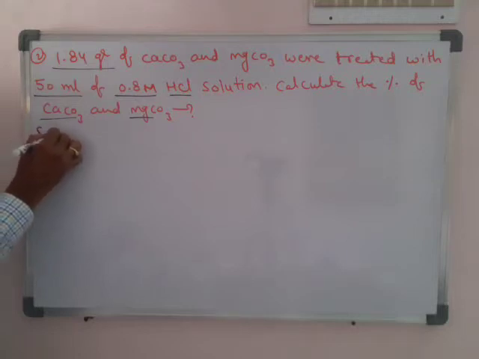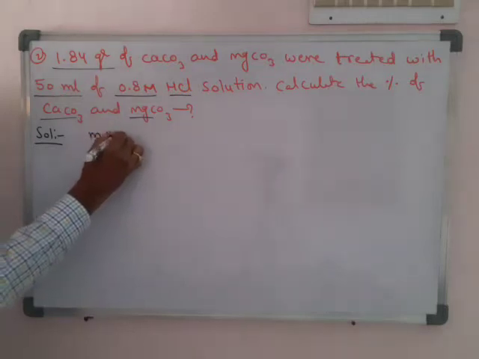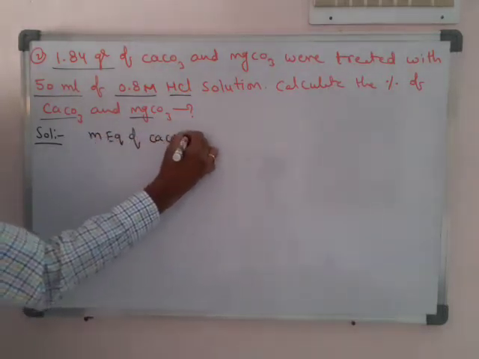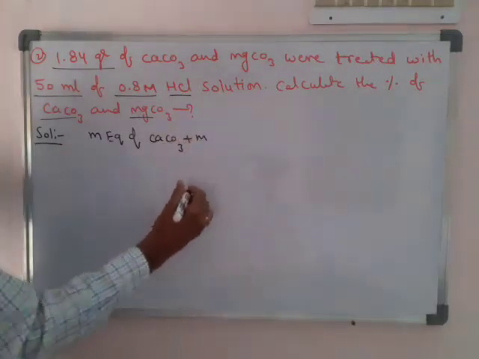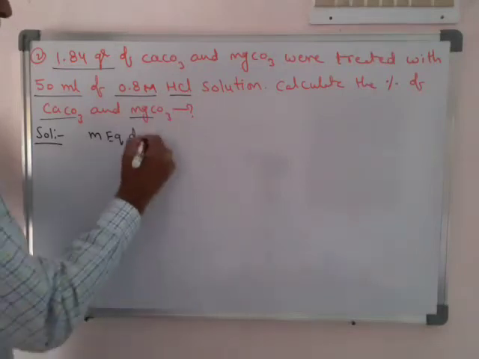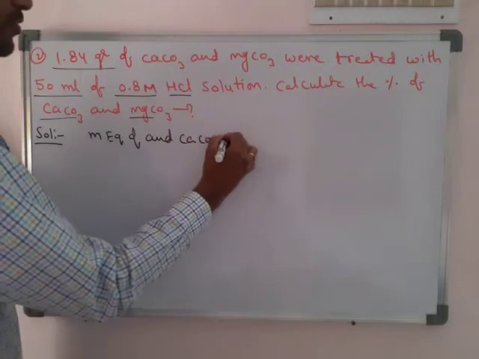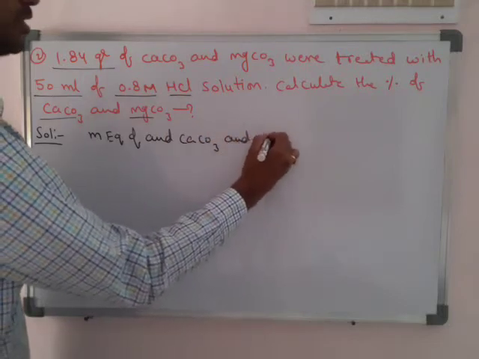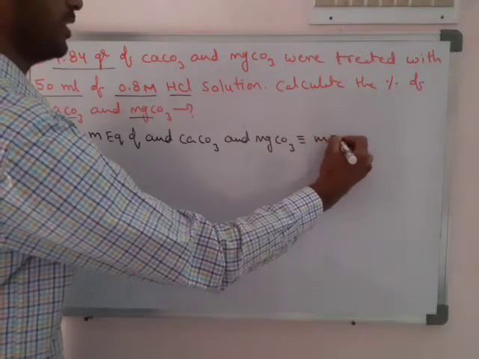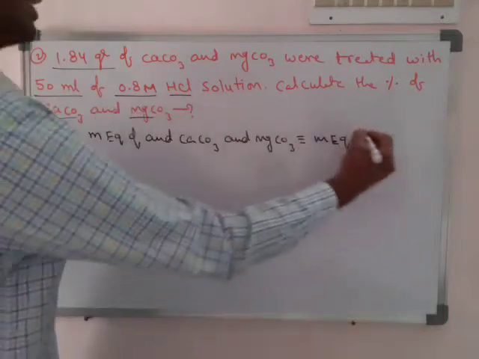So we see. So they are completely reacted means we can write milli equivalents of CaCO3 and MgCO3 mixture, okay, is exactly equal to milli equivalents of HCl.